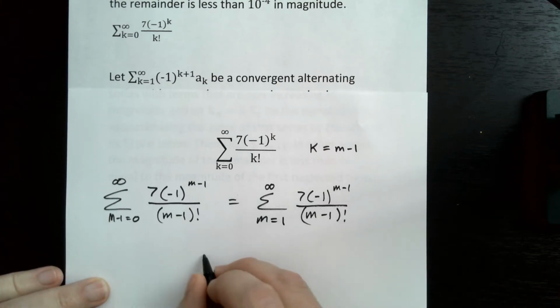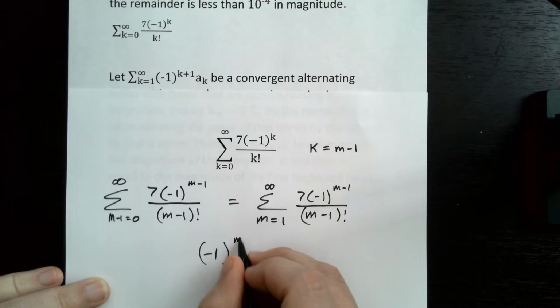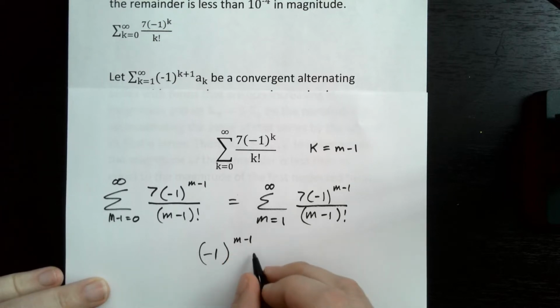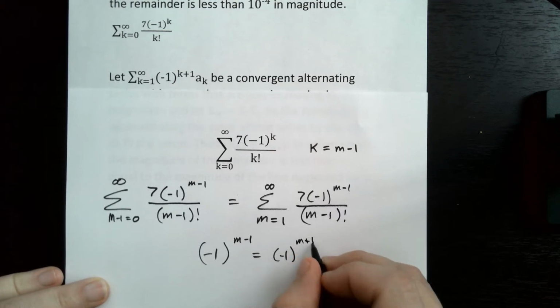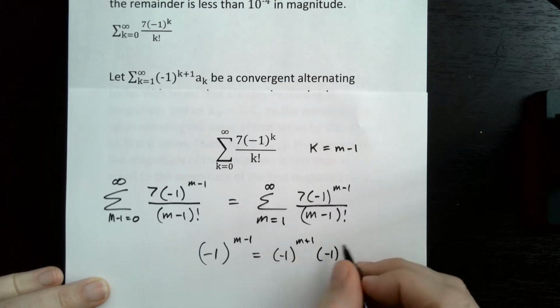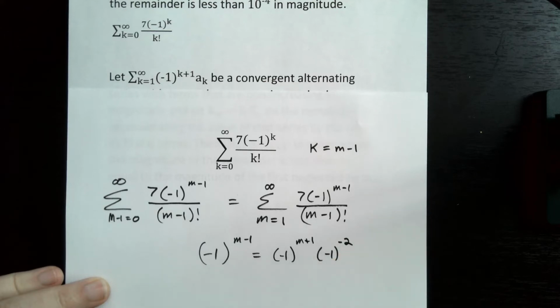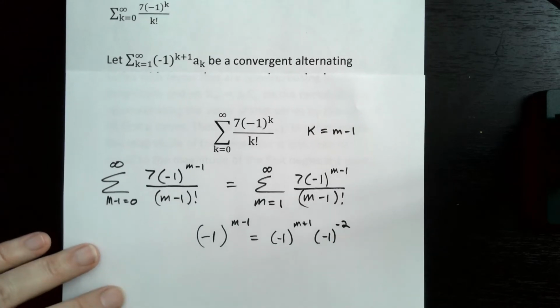But you can take the negative 1 to the m minus 1, and you can say that that's equal to negative 1 to the m plus 1 times negative 1 to the negative 2. Take a second to look at that and make sure that you trust that that's true.